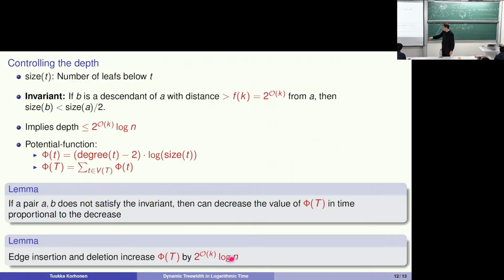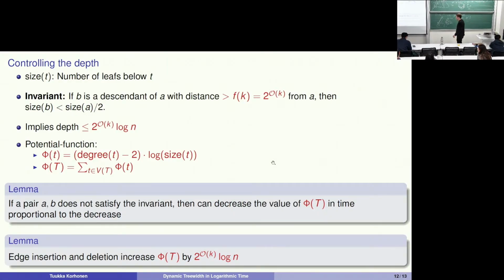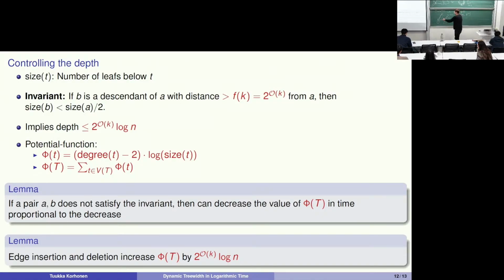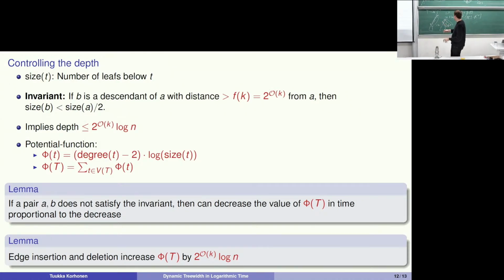It grows by at most log n times 2 to the O of k. Basically, one local rotation can increase the potential by at most 2 to the O of k, and then you do log n local rotations to rotate things up to the root.